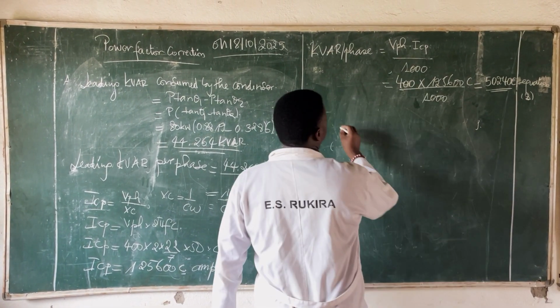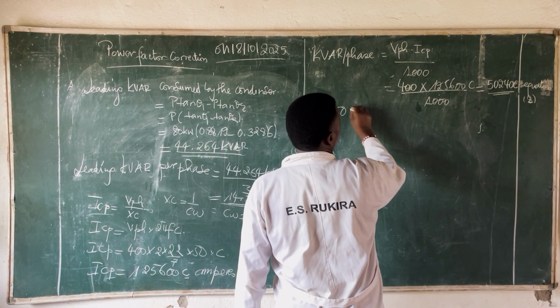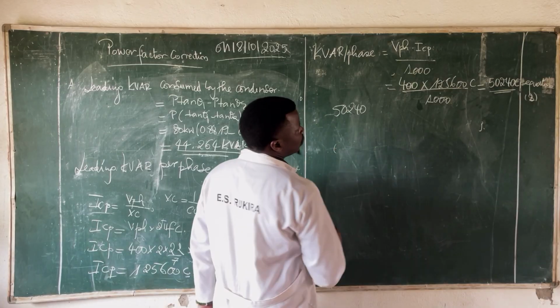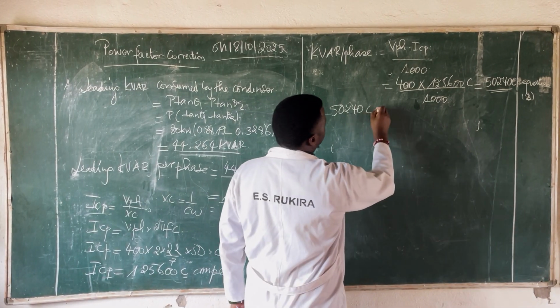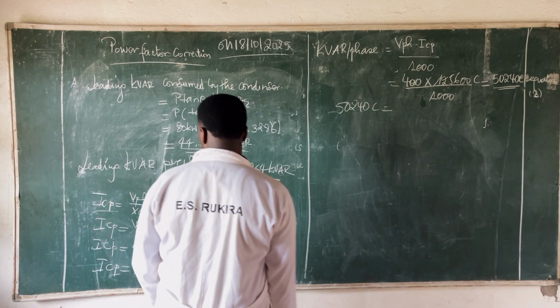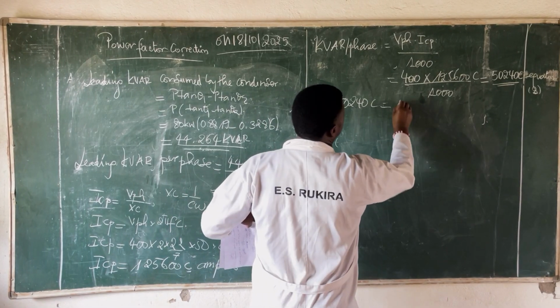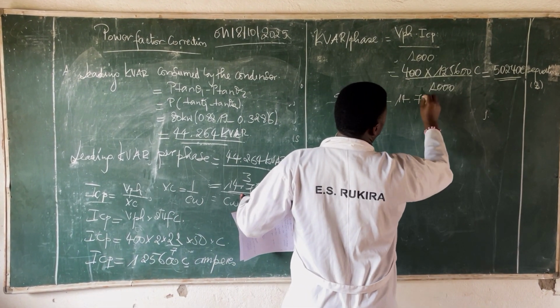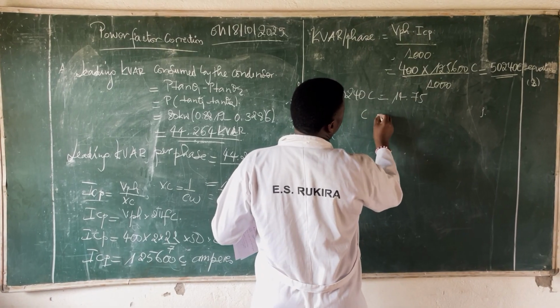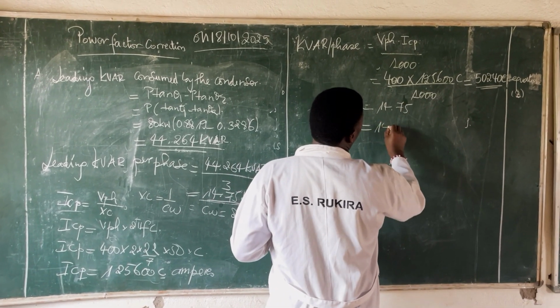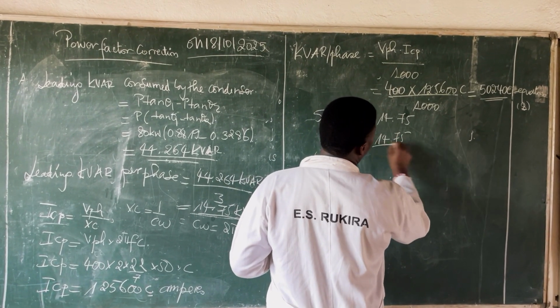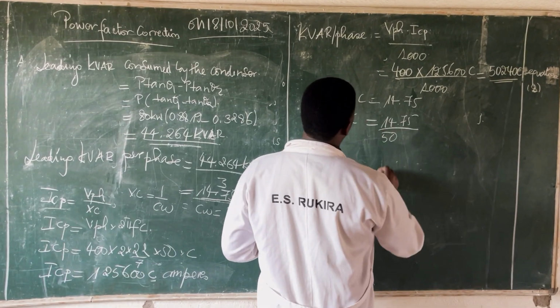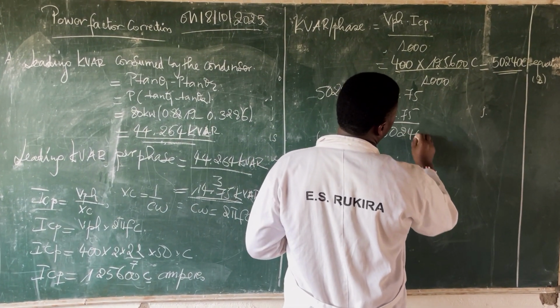Now, 5024 C will be equal to 14.75. The value of C will be equal to 14.75 divided by 5024.